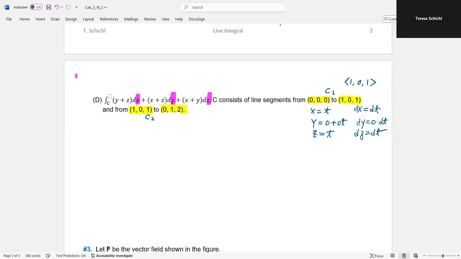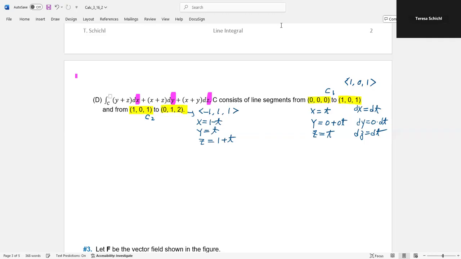Okay, now let's take a look at segment number 2 here. So the directional vector will be -1, 1, and 1, right? So now the x here will be 1 minus t, then y here will be 0 plus t, and the z here will be 1 plus t.